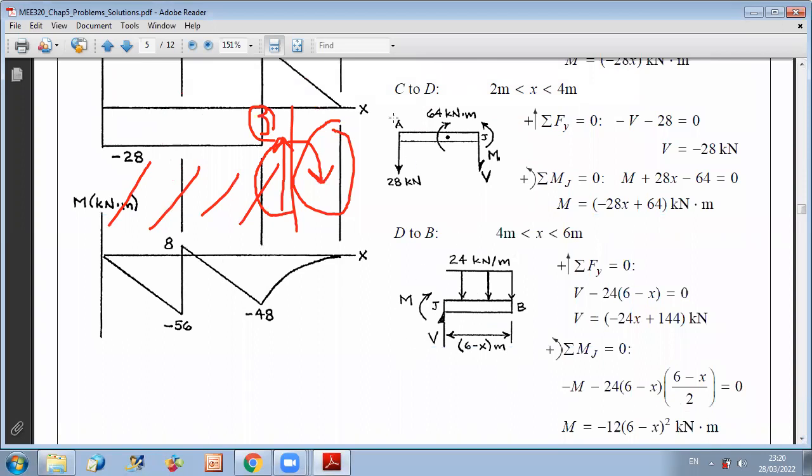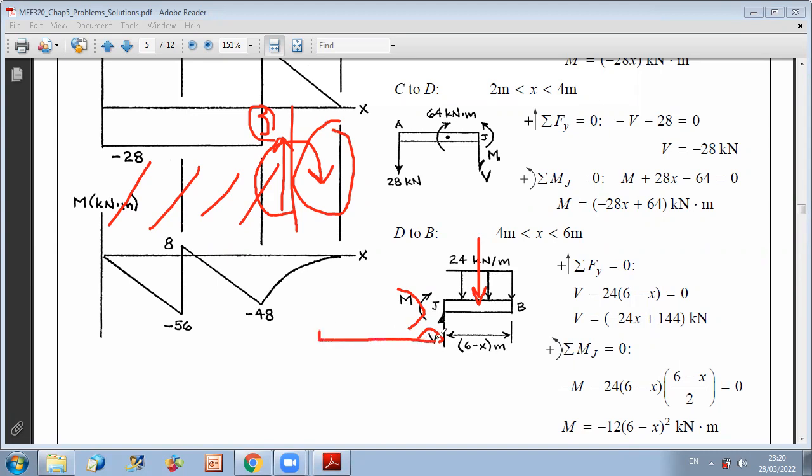Okay, so you get this figure. Now, to compute V and M, you can reduce the distributed load to a concentrated force. This concentrated force is a function of x. Why? Because this section 3 is at any distance x between 4 and 6 from the origin. The origin is A, okay?